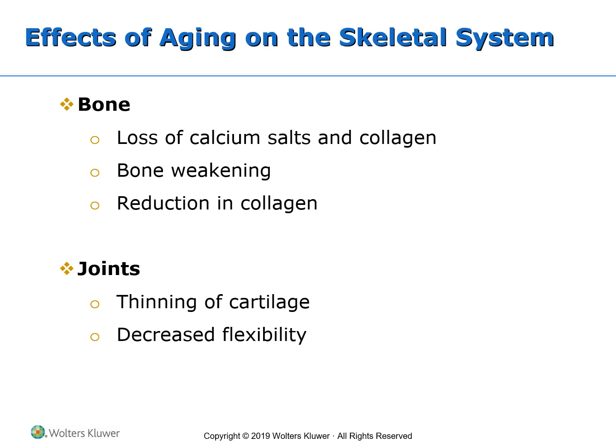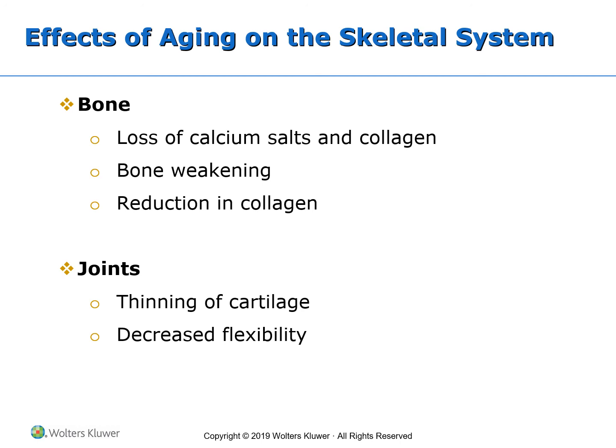Along with other tissues and structures in our body, the cellular metabolism will become slower. As a result of lack of calcium, the bones become weaker, more fragile, and the patient will be predisposed to fractures or any other type of injuries.